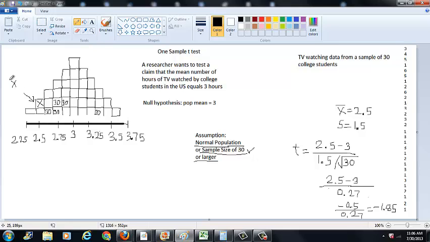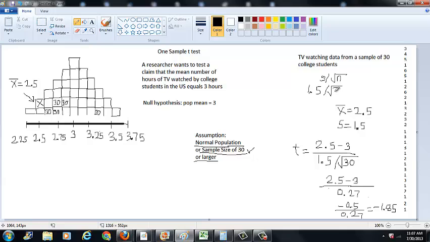Our sample has a mean of 2.5, and let's see what the estimated standard error of our sample is. The estimated standard error is the bottom of the t formula, which is s over the square root of n. Which is 1.5 over the square root of our sample size, which is 30.